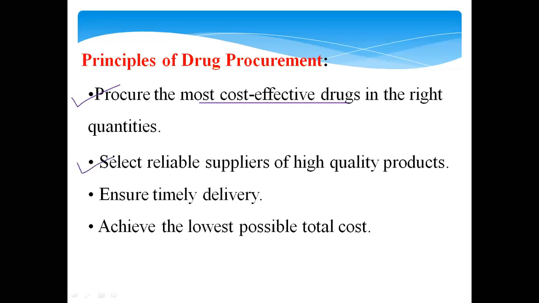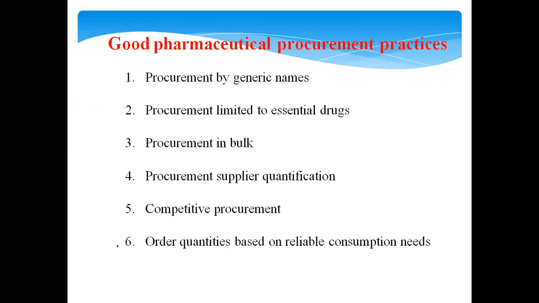Select reliable suppliers of high quality products. Ensure timely delivery of the particular drugs. Achieve the lowest possible total cost during drug procurement. These are the three or four principles related to the procurement of drugs.